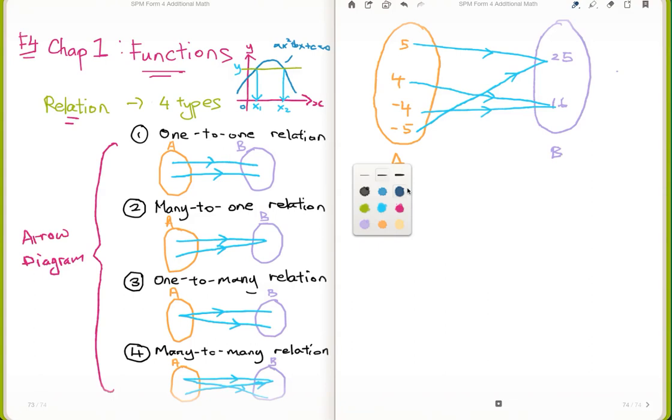You'll find that the relationship should be a many to one relation. Two numbers to one. So its relation should be many to one relation.